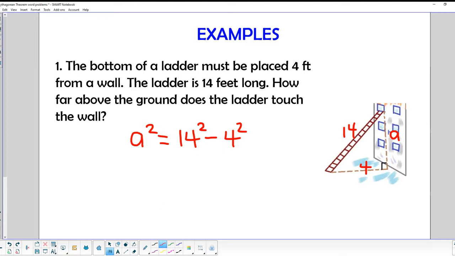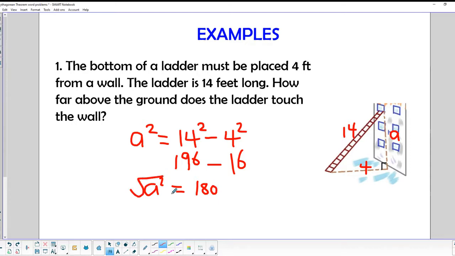And 14 squared, that's going to be a little tougher. I know that 4 squared is 16. So what's 14 squared? 14 squared is 196. So 196 minus 16, we end up with a squared equals 180.